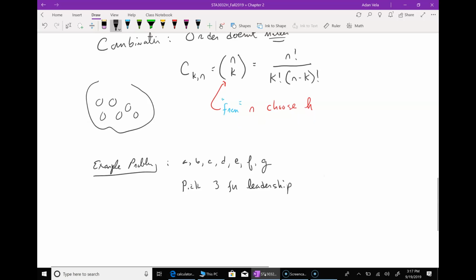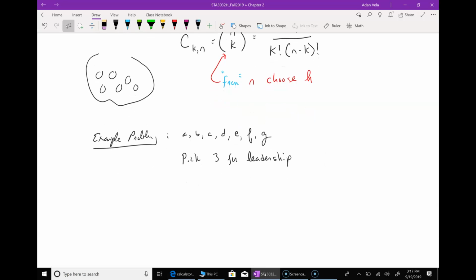Now, typically, let's say we are doing the permutation problem, and we'd say, okay, one is going to be the president of the student body board, the other will be vice president, and the last one will be treasurer or maybe secretary, okay? So if we had assigned roles, in that case, we'd be dealing with a permutation problem, okay?